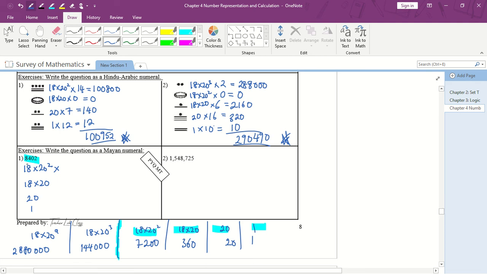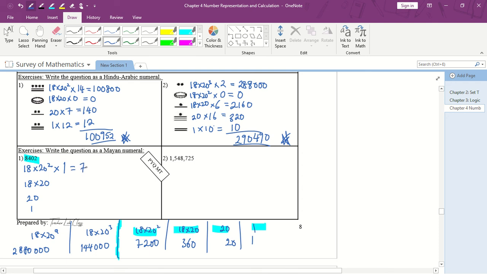Because it is 18 times 20 square. Or in simple, you can just use 8402 to divide 18 and divide 20 square. And you should get 1.1669 and something. But because it's 1 point something, I will get only 1. Okay, we are following the whole number, not the decimal at the end.